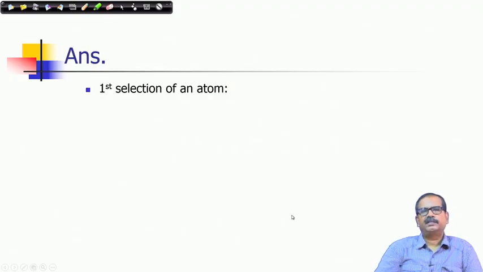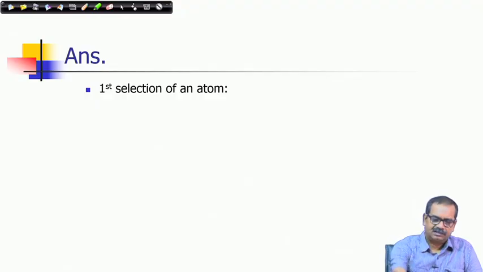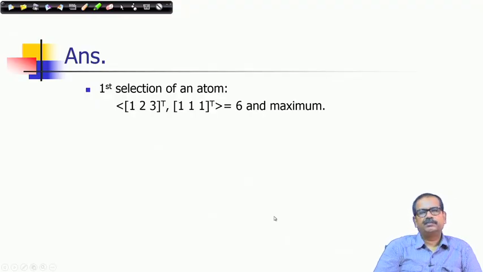So, we will apply the orthogonal matching pursuit algorithm. First, selection of an atom. So, find out the atom along which you get the maximum dot product value or component value. So, you take this dot product of these 2 and you get 6, and that is the maximum. You can check over other 3 atoms also, it is the maximum.